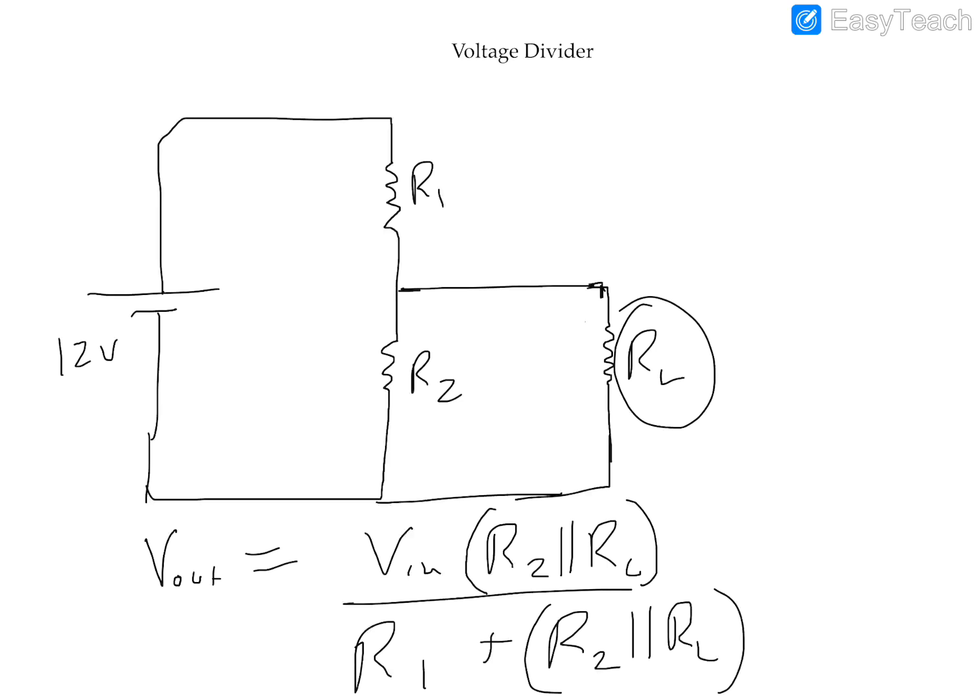The R2 term in the original expression becomes R2 parallel RL, which is called the equivalent resistance.